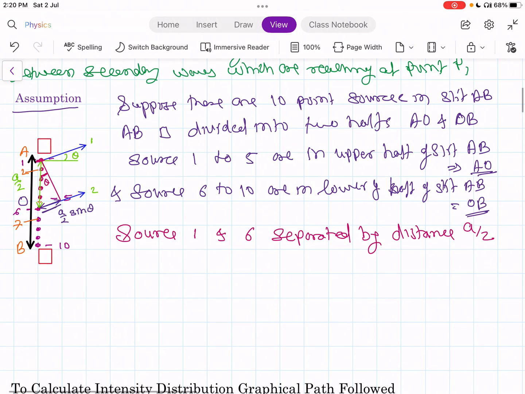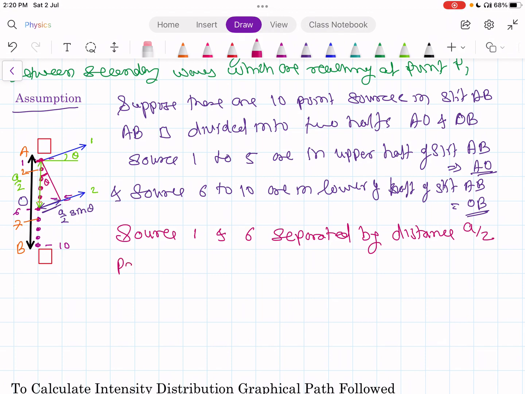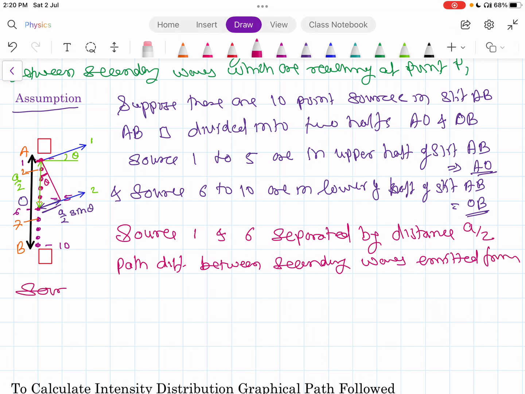So here, source 1 and 6 are separated by distance a by 2, and the path difference between secondary waves emitted from source 1 and 6 is a by 2 sine theta. So we got the path difference between the secondary waves emitted from source 1 and 6.